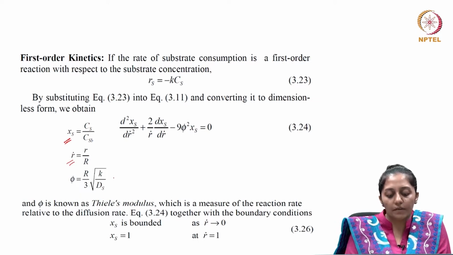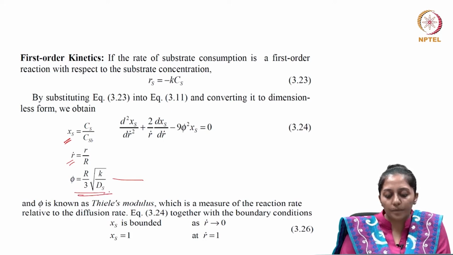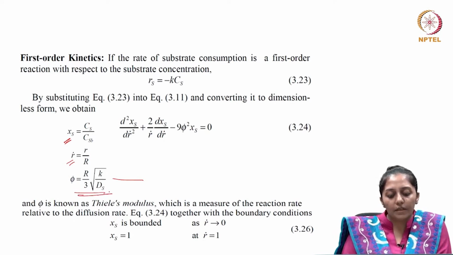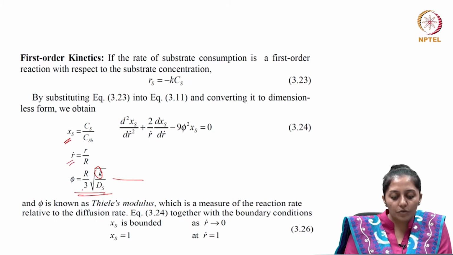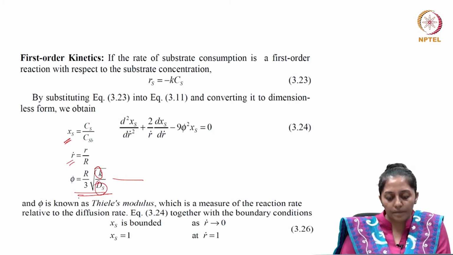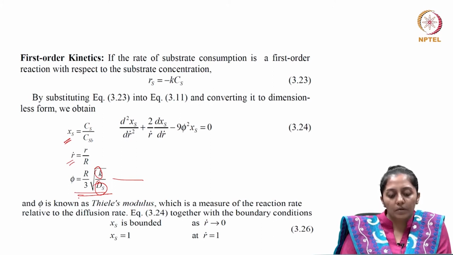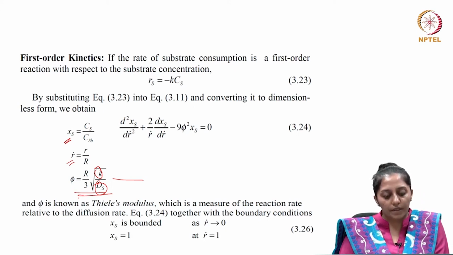If you can see in this equation, which I am underlining, it is a measure of the reaction rate to the diffusion rate. So with changing values of phi, low or high, we can determine whether the reaction rate is high or the diffusion rate is high.